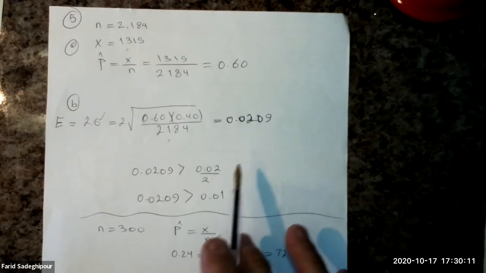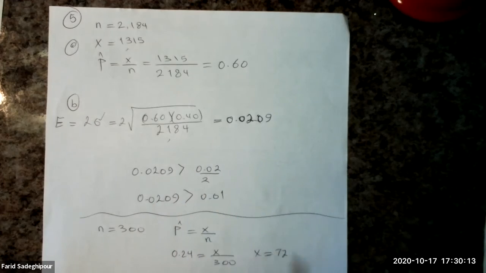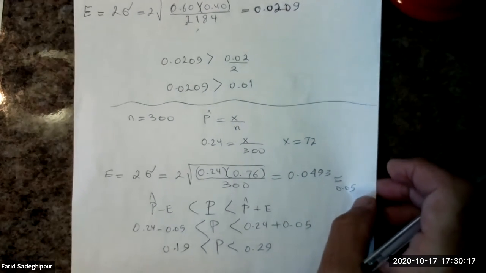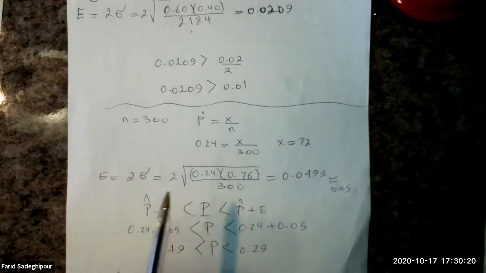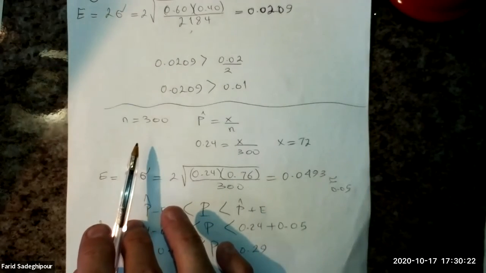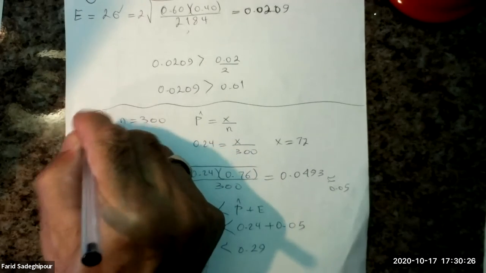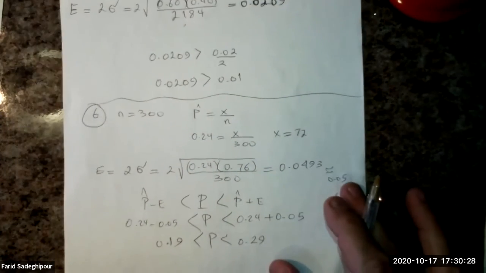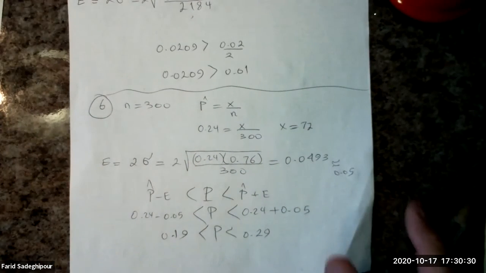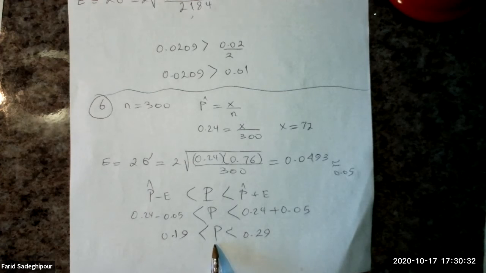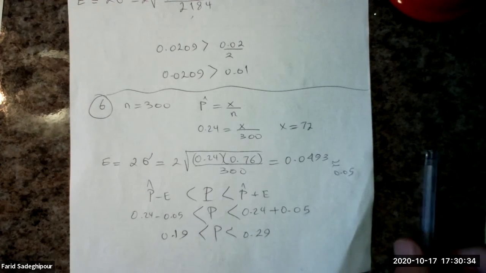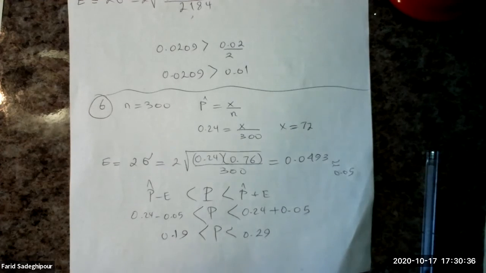In number 5, they're asking if this is greater than 0.01 or not. Yes. And then the other one, I think this is problem number 6, they ask you to find the range for the population proportion. So that would be the end of chapter 8.